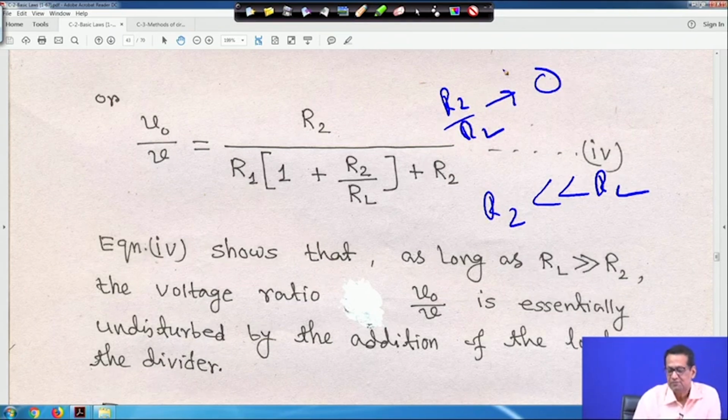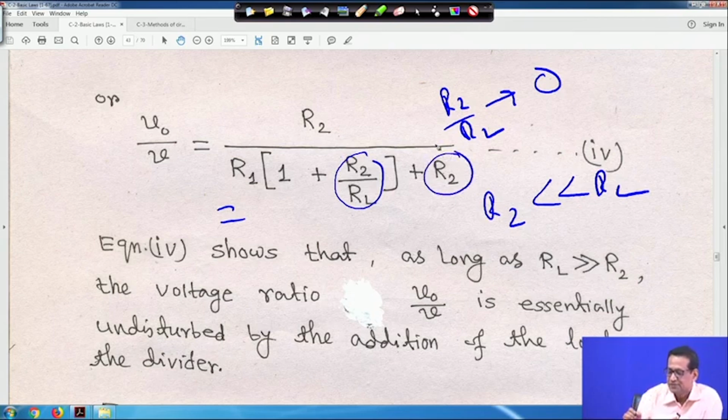Therefore in that case this R2 term is also neglected. So V0 upon V will become essentially undisturbed, because R2 is very small compared to RL, so this term should not be there and this term also should not be there.